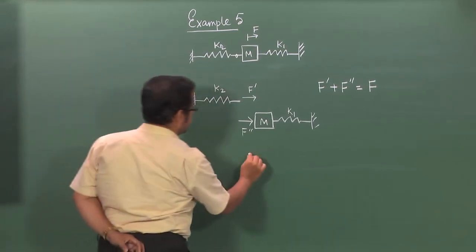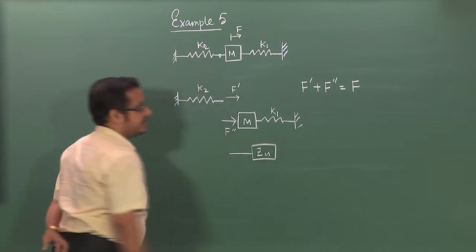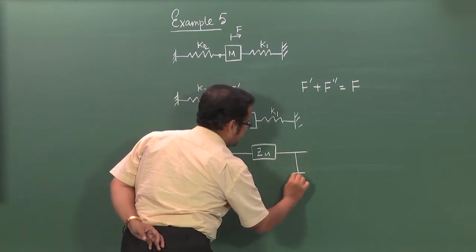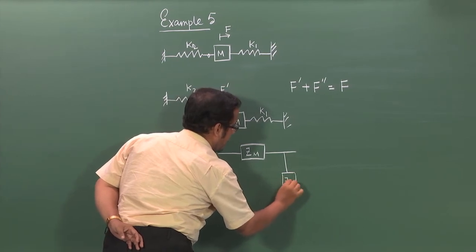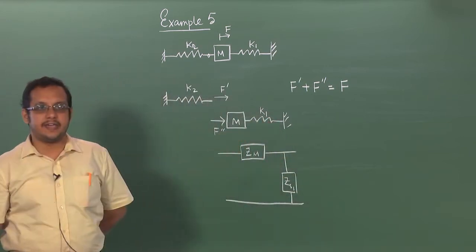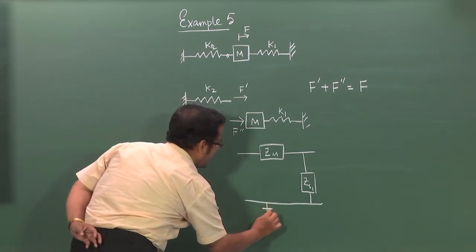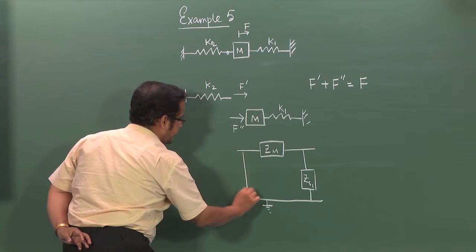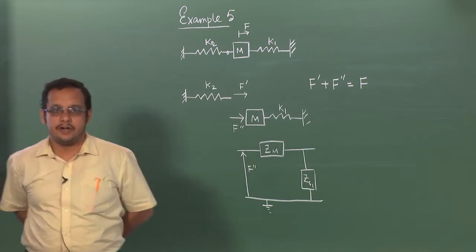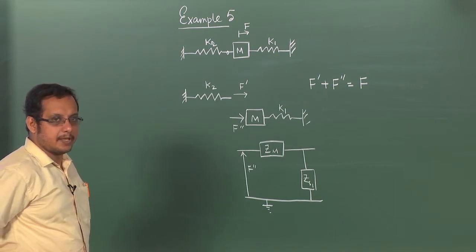This system would have an electric circuit which has Zm impedance in line and Zs1 impedance in the shunt position, and then since the other end is fixed, it is an open circuit, and this is the ground line, and the applied force this time is F double prime, which means the voltage in the line is F double prime. This part should be simple. This is already what we have done, right.